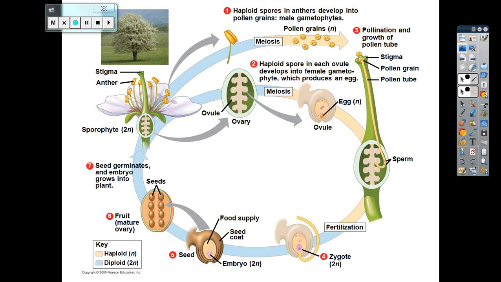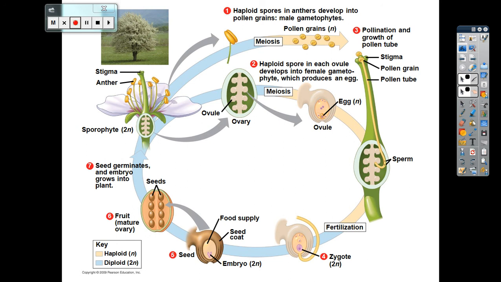They have to come together to form the diploid zygote, which will then undergo meiosis to form the gametes again. Okay, so there's really no gametophyte stage here for the flowering plants.